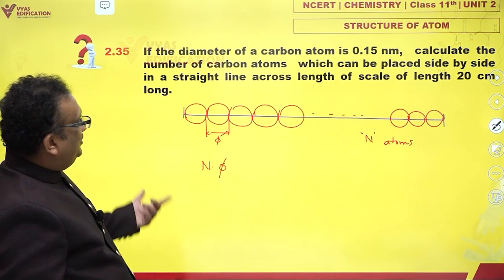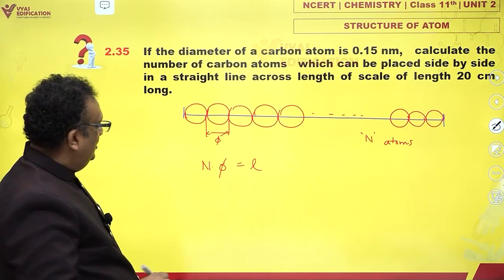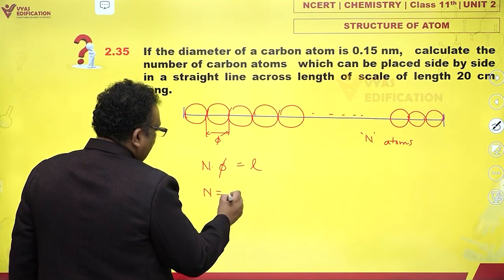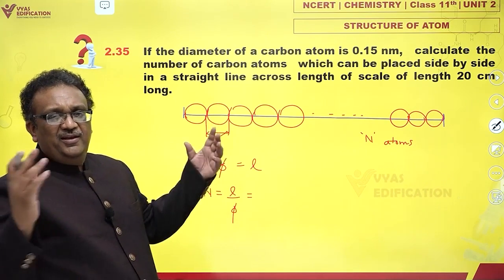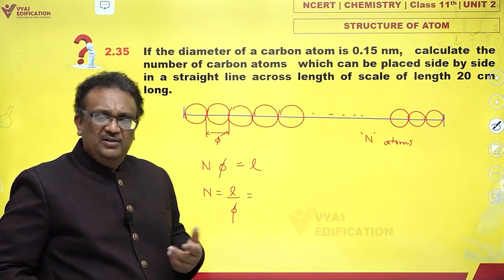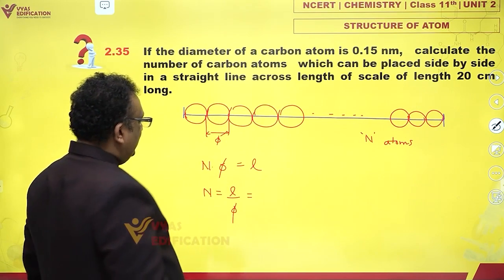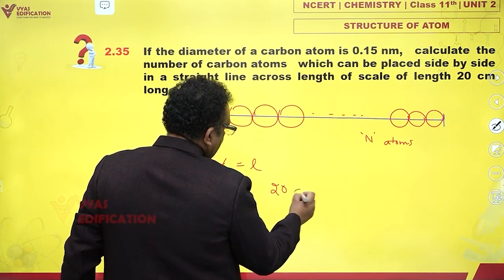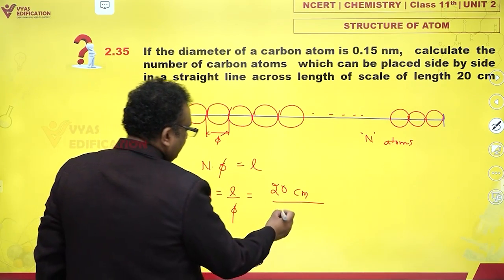Yes. And this is equal to total length L, right? So n is L by phi. Common sense. Don't be very scandalized by phi. You could also write D or something. That's okay. What is the total length? 20 centimeters. And what is phi? 0.15 nanometer.